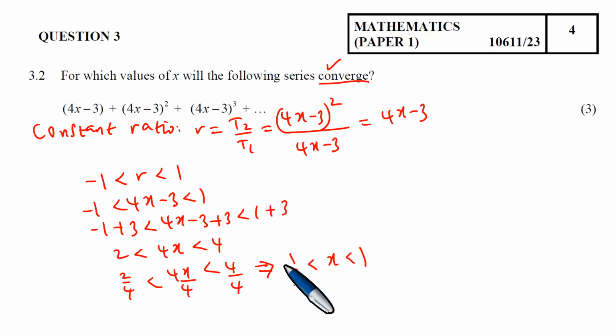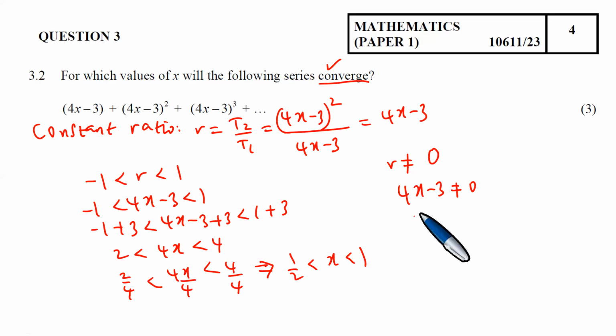So at this point, we have that these are the values of x. But now we must state a condition that we do not accept the constant ratio being equal to 0. So we admit that we don't want it to be equal to 0, which means the 4x minus 3 itself cannot be 0 because the constant ratio is 4x minus 3.